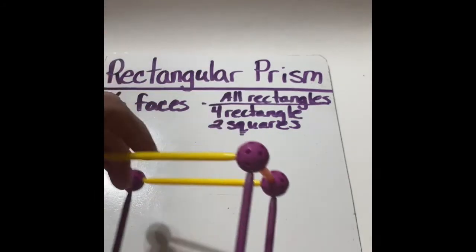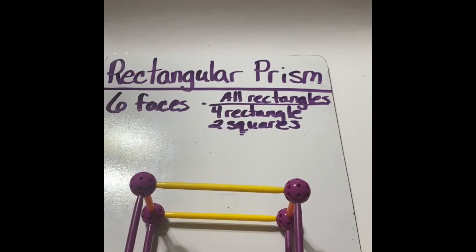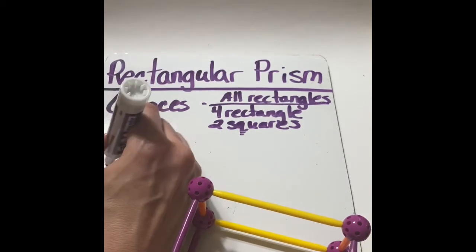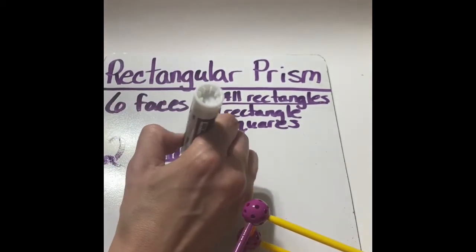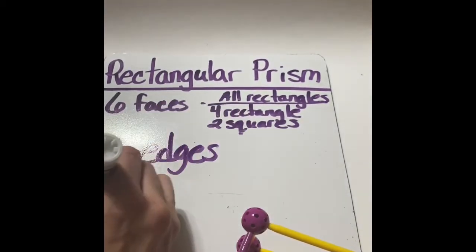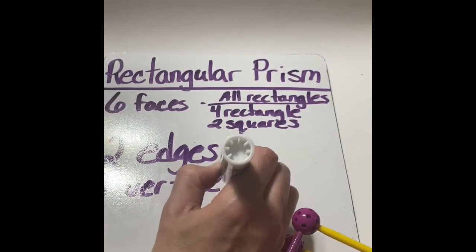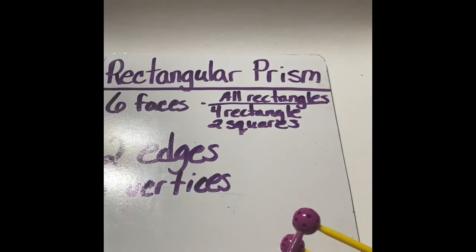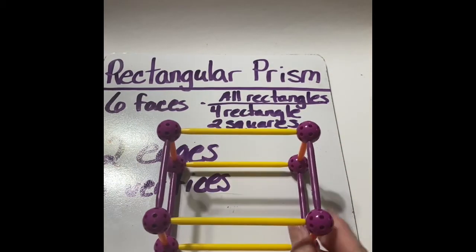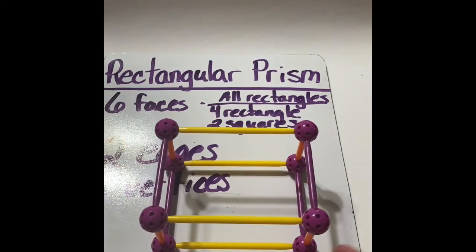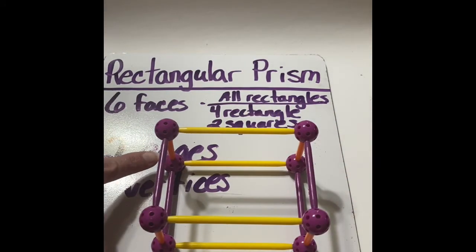Another example to show the edges and vertices of a rectangular prism is right here. Remember that a rectangular prism also has 12 edges and 8 vertices. The purple circles are the vertices. We have 1, 2, 3, 4, 5, 6, 7, 8.